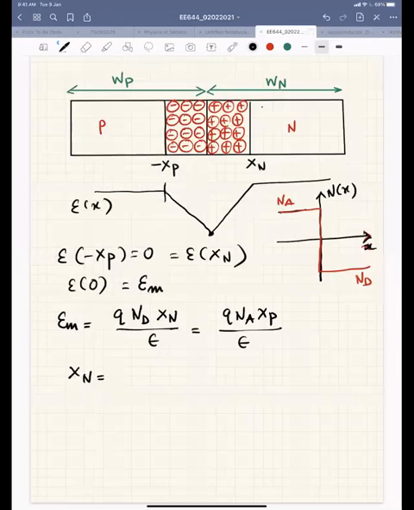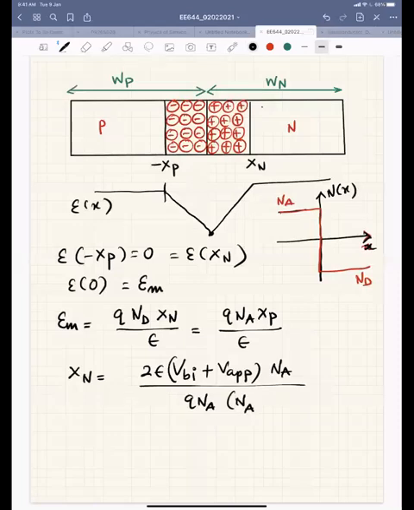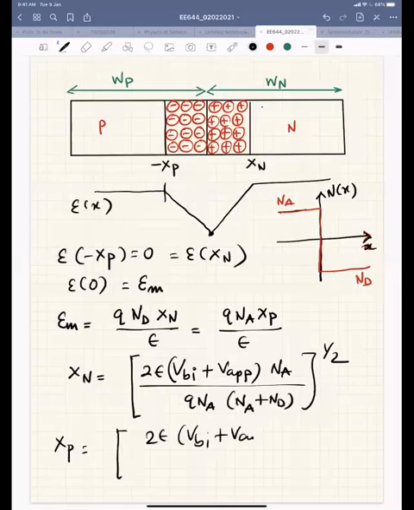If I remember, xn is the square root of 2 epsilon (Vbi plus applied voltage) over q, times Na by Nd (Na plus Nd), and my xp is similarly 2 epsilon (Vbi plus VR)... The applied voltage is added because you are operating in reverse bias.